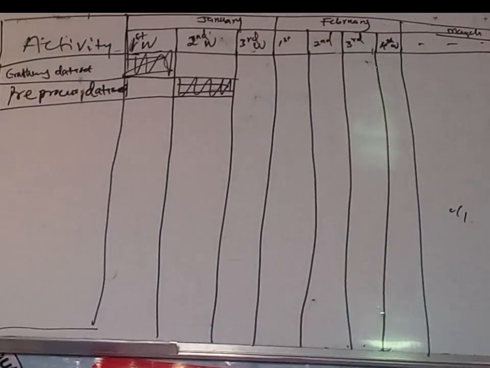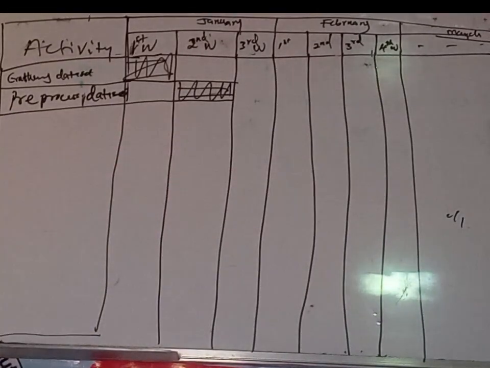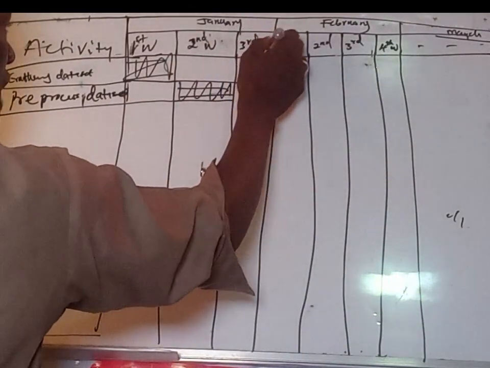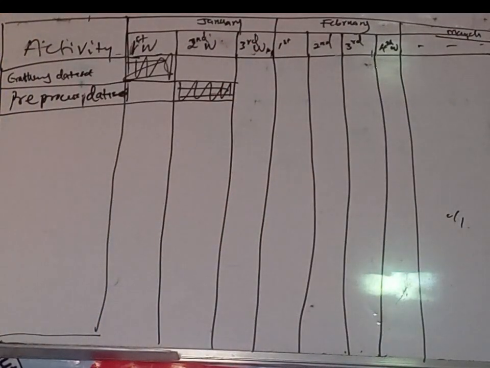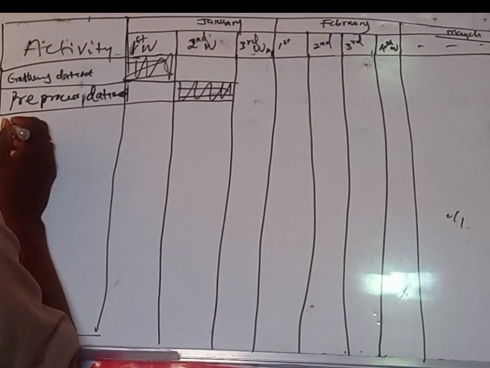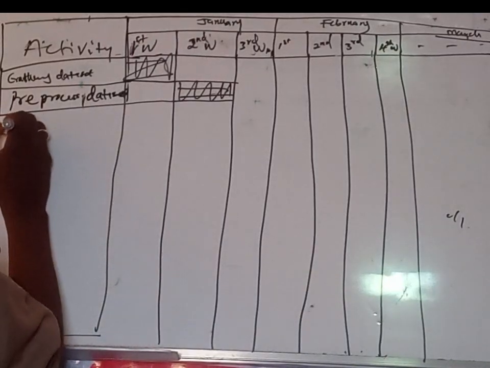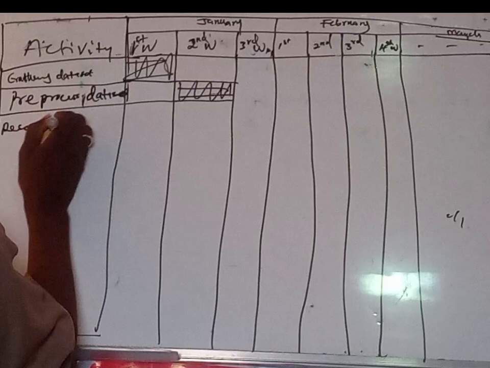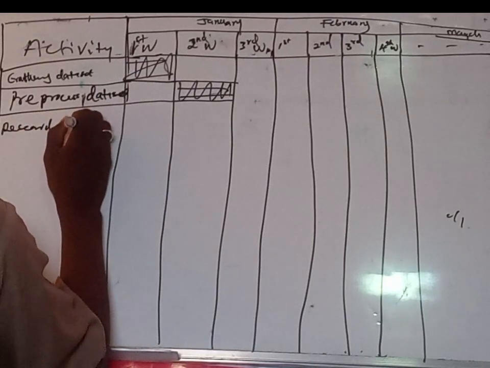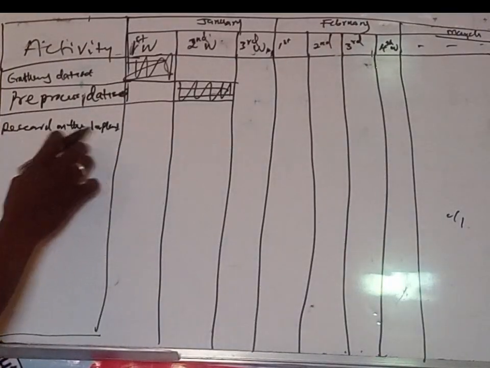So in the next activities, maybe you are going into week 3 and 4. So in week 3 and 4, you are going to research on the data set, that is, you are going to find out which of the algorithms you are going to use in implementing your work. That is research on the implementation. Research on implementation, please.